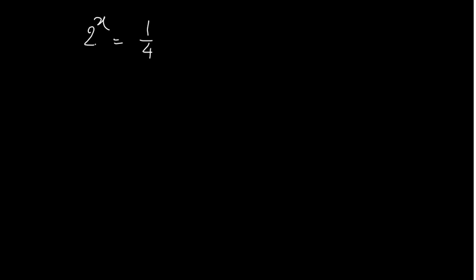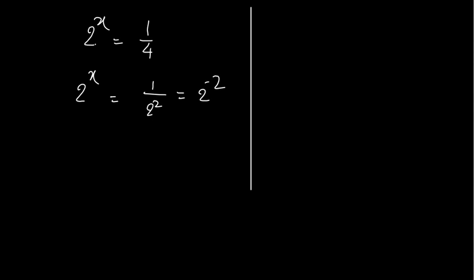So how we did in exponents when we learned in earlier classes, we wrote this as 2 to the power of x equals 1 by 2 square, and this is 2 to the power of minus 2. So that gives 2 to the power of x equal to 2 to the power of minus 2. Therefore x equal to minus 2.